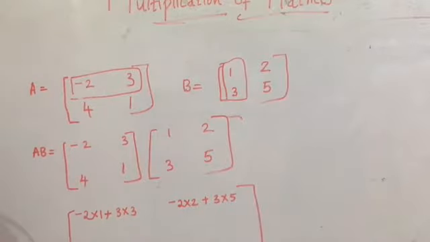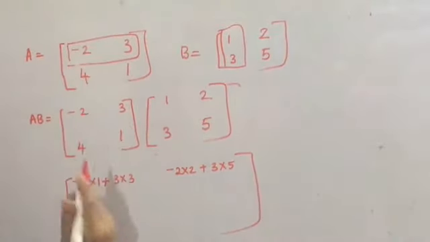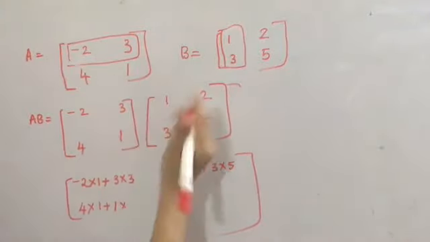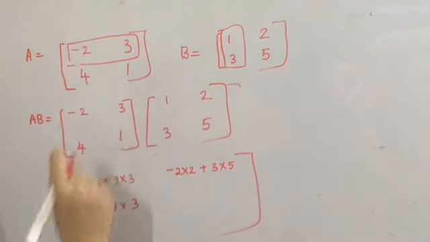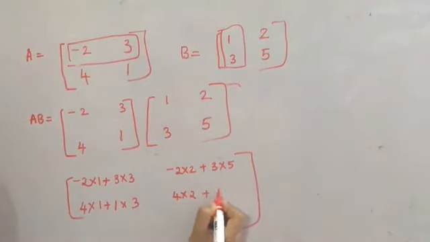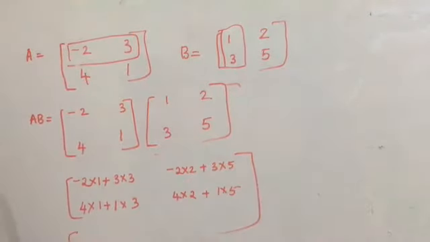Next, you take the second row. That is 4 into 1 plus 1 into 3 with the first column. Again, second row with second column, that is 4 into 2 plus 1 into 5. So let us see what we get here.